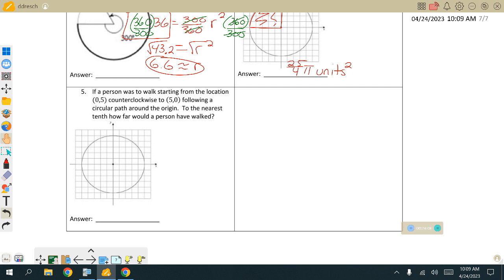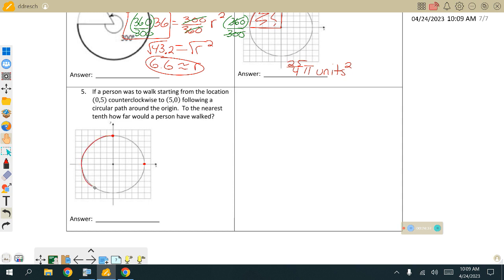All right, what do we got going on with that one, anybody? Should be arc length. It doesn't say anything about arc length, but as we start at 0, 5, think about which direction counterclockwise is. And we're going to go to 5, 0, so 5, 0 is right here. Depending which way counterclockwise is makes the long trip or short trip.